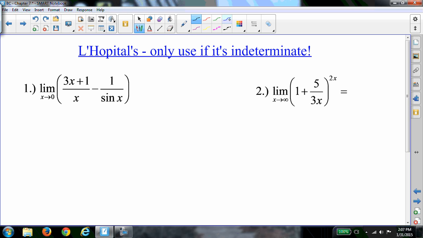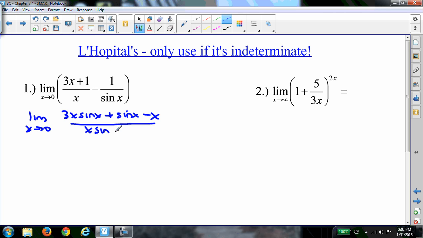And so what you want to do typically is write it as a single fraction so that you can take the derivative of the numerator and the derivative of the denominator. So the limit as x approaches 0 of 3x sine x plus sine x minus x all over x sine x.